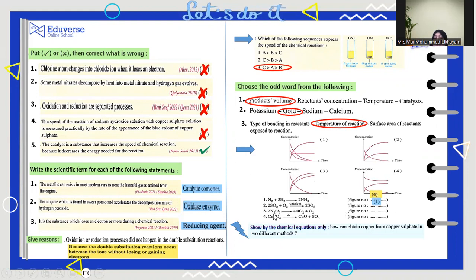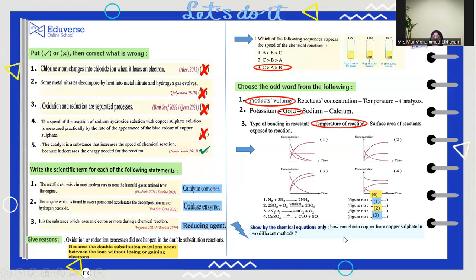Now, nitrogen pentoxide gives nitrogen dioxide and oxygen. This is so easy because of the concentration of each. No, this product is half this reactant, and this product is double this reactant. So it is number 2. And finally, this is for sure number 3.